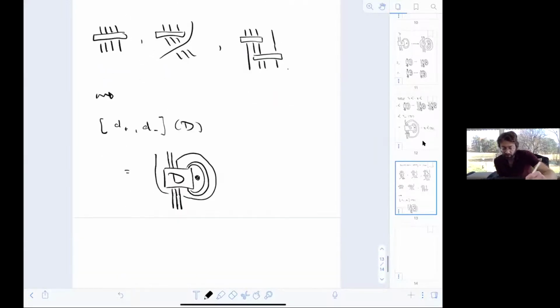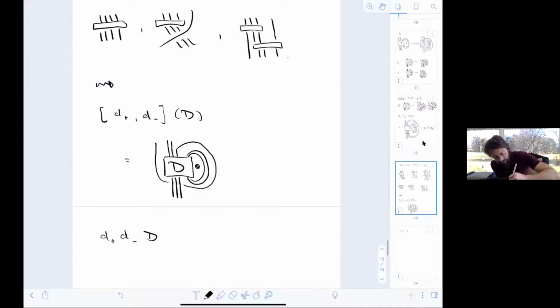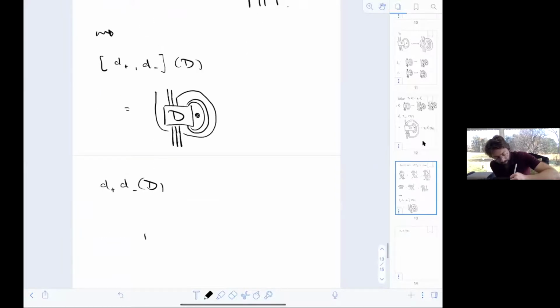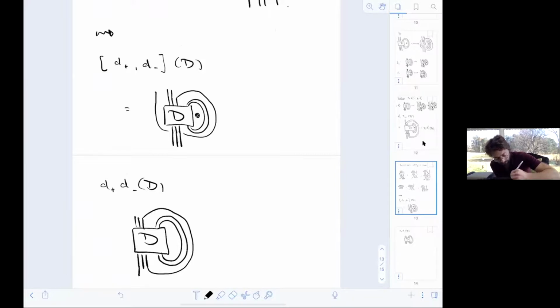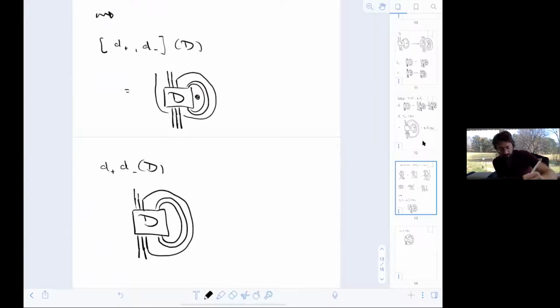The reason for this is something like, so D plus D minus of your diagram. D minus first grabs the rightmost free strand and connects it to the bottom, following that with D plus. And if you remember, D was supposed to already be symmetrized.